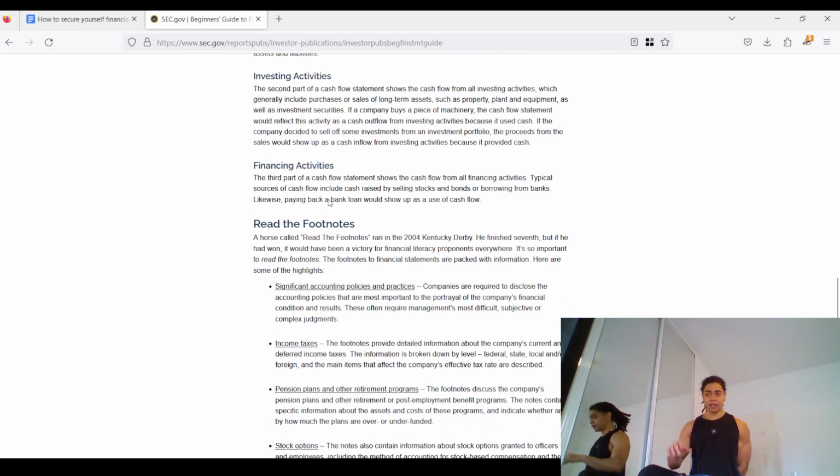All right. Then I read the footnotes, which are packed with essential or relevant information, such as accounting policy and practice, or how these companies are adhering to accounting practices and how they are disclosing sensitive data.